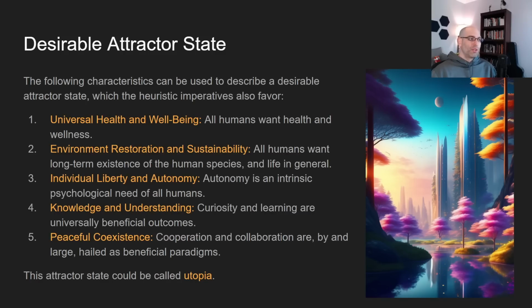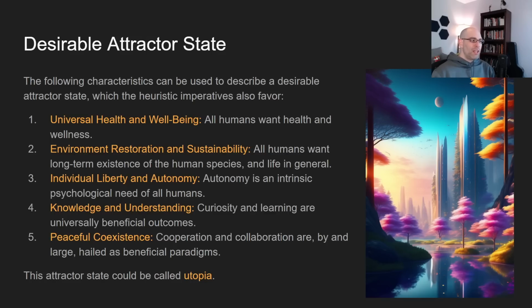So one is universal health and well-being. With a few exceptions of people that are stuck in self-destructive patterns, all humans want health and wellness. That's pretty much a given. Number two, again with a few outliers, people want environmental restoration and sustainability.